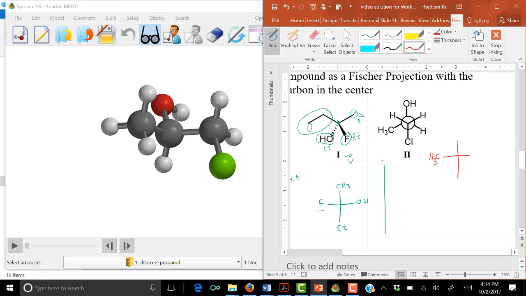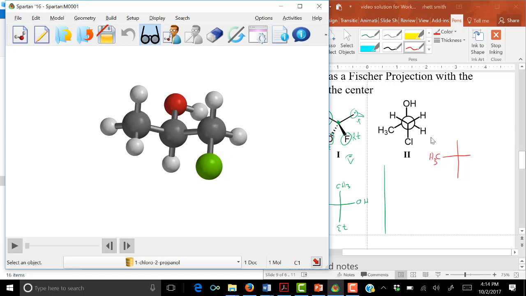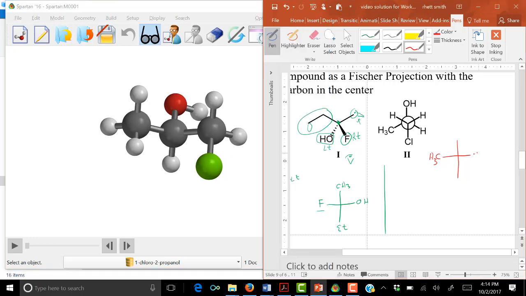I have this CH2 with a chlorine on this side. So go back over here, CH2 with a chlorine. At the top, going away from us in the Fischer projection, is the OH. You can fill that in here. And then going down here, there's a hydrogen.